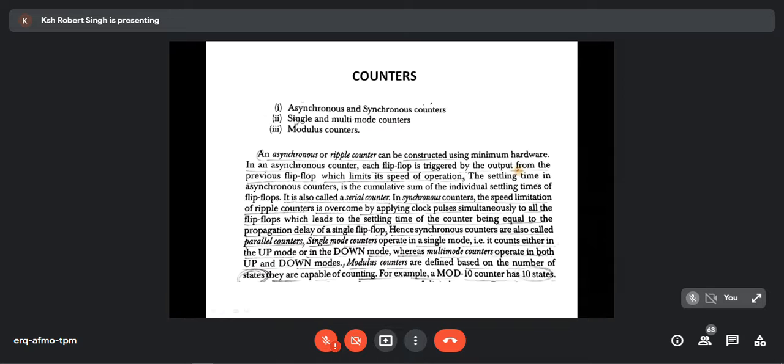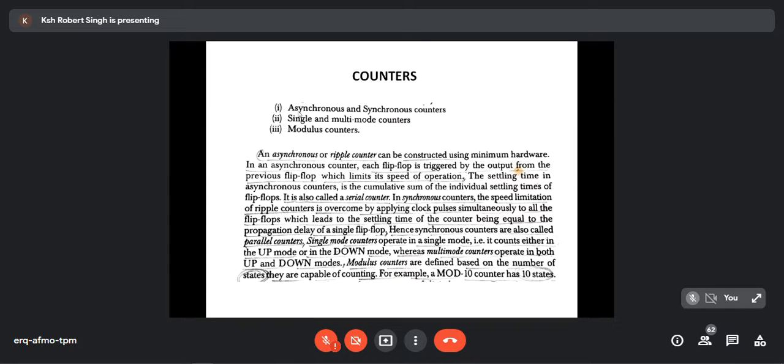We can also classify counters as single mode and multi-mode counters. Single mode means it can count only in a single direction. Either upwards, like 0, 1, 2, 3, 4, 5, 6, or downwards, like 100, 99, 98, 97, 96, or from 10, 9, 8, 7, 6, 5, 4, 3, 2, 1, 0.